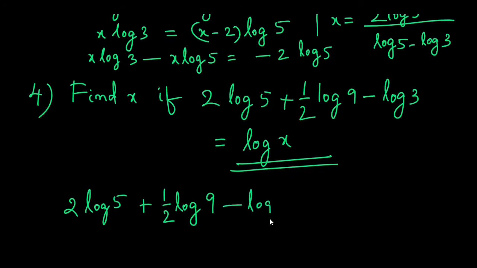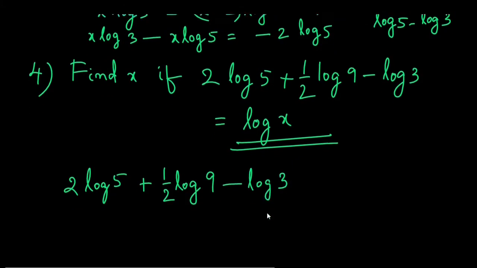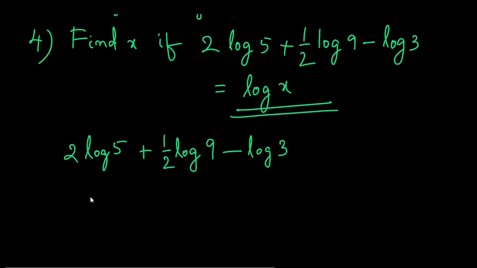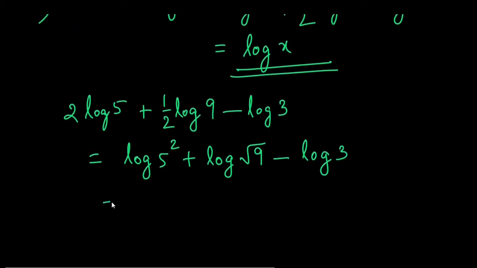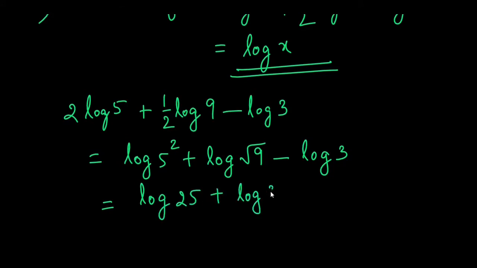minus log 3. The left hand side is equal to log 5 square plus log root 9, 9 power 1 by 2 is root 9, minus log 3. So this is log 25 plus log 3 minus log 3.